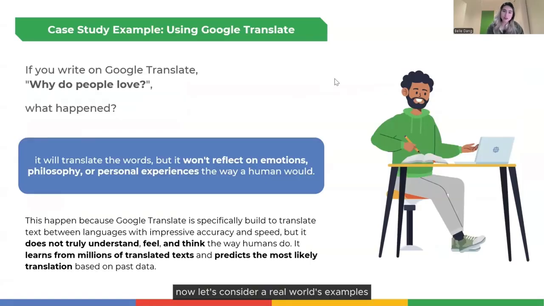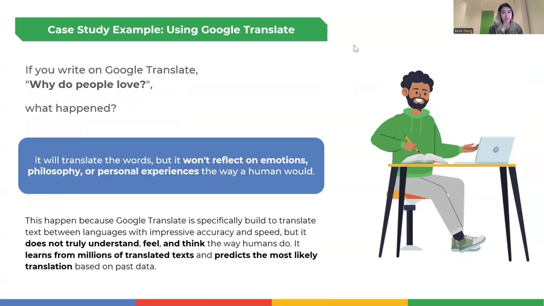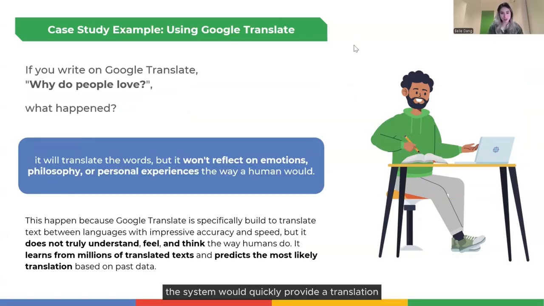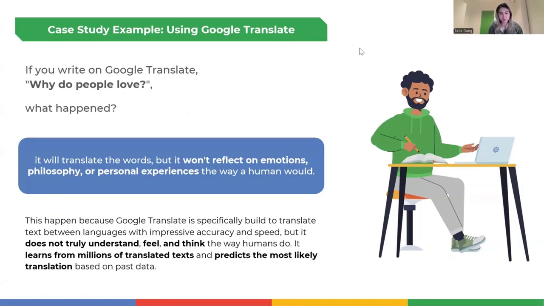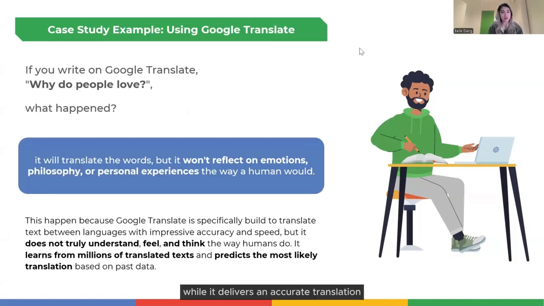Now, let's consider a real-world example, Google Translate. When you type in a phrase like, why do people love? What would happen? The system would quickly provide a translation by analyzing millions of previous examples, right? However, while it delivers an accurate translation, it does not capture the emotional nuances or the deeper cultural context behind the words.